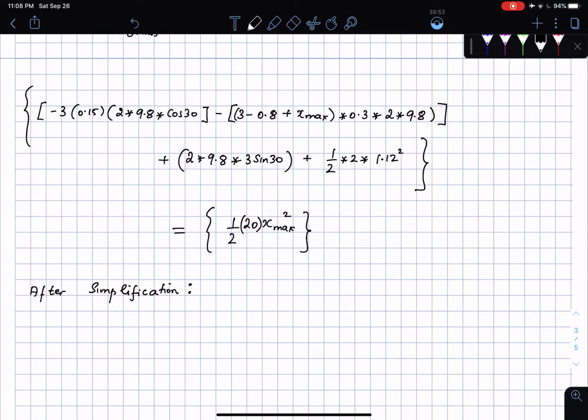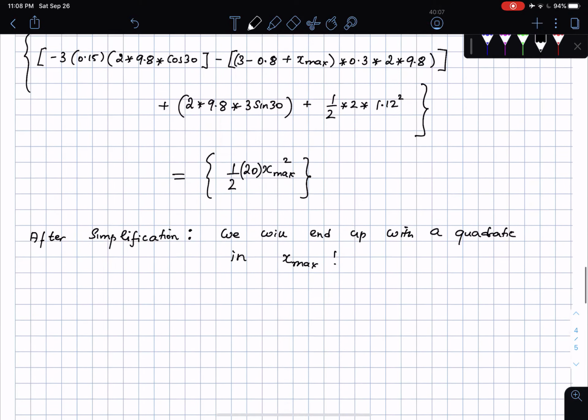It will be a quadratic in x max. Okay, and here is the quadratic.